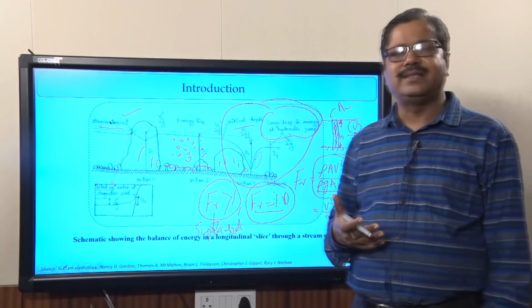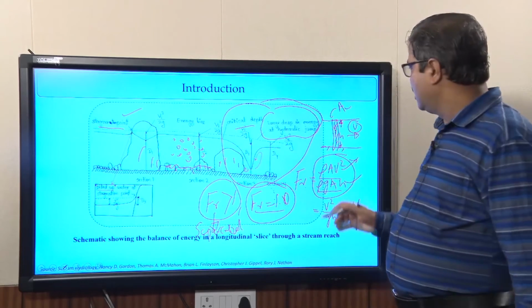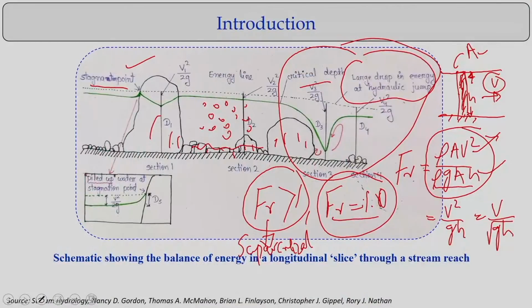Inertia force is nothing else but a momentum flux, as we consider a smaller control volume having a flow depth h and cross-section area A, moving with a velocity v.